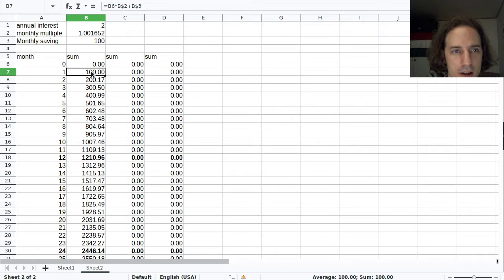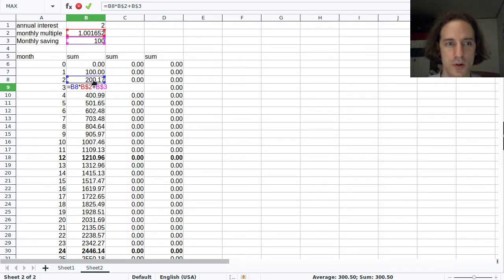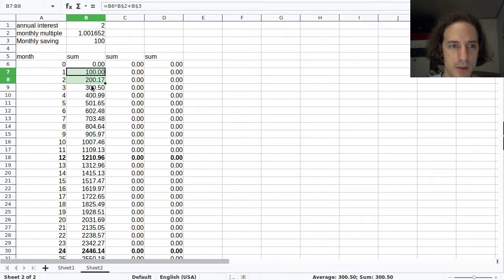And then next month you get another 100 and put that in there, and for your first 100 you got the interest, and then this whole sum will be multiplied by this monthly multiple, so you get the interest on your savings of the last month, and you put in your new savings. So this is how it goes up.